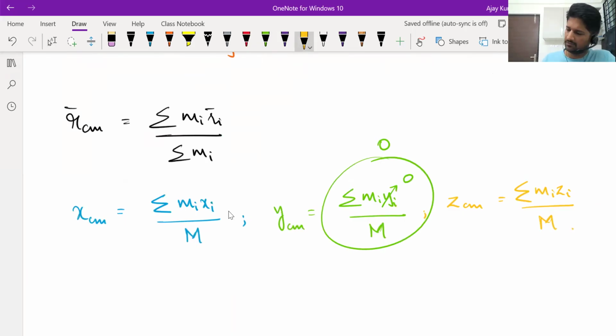Similarly, if all the z coordinates are zeros, then the z coordinate of center of mass also will be 0. This means if all particles lie only on the x-axis, then the center of mass also will lie on the x-axis itself.